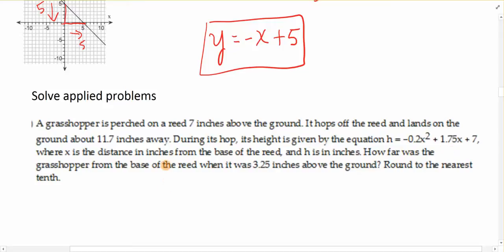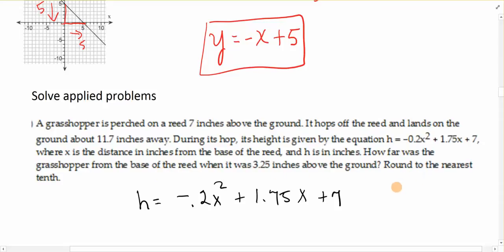So we have h equals -0.2x squared plus 1.75x plus 7, where x is the distance from the base of the reed. So x is how far he is from the reed, and h is how high he is, right? H is in inches. How far was the grasshopper from the base when it was 3.25 inches above the ground?